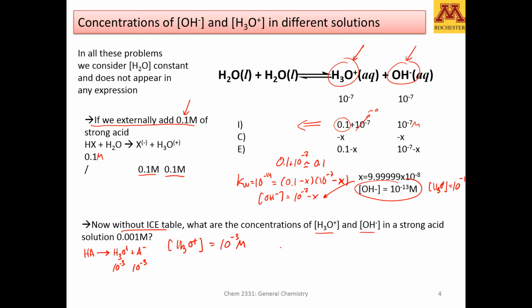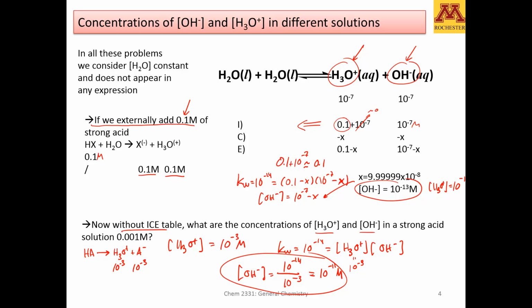Now, if the Kw is 10 to the negative 14, and I already know that one of them is 10 to the negative 3, it means that my OH negative is 10 to the negative 14 divided by 10 to the negative 3, which is, not surprisingly, 10 to the negative 11 molar.